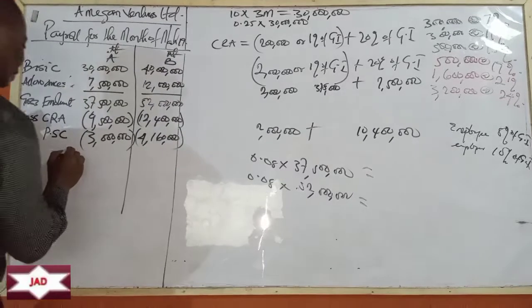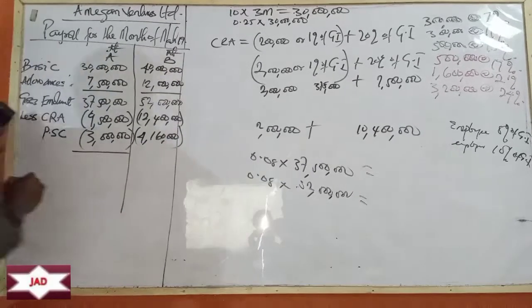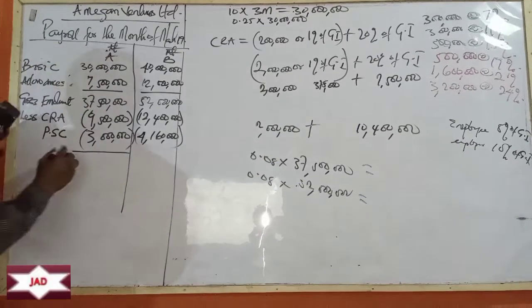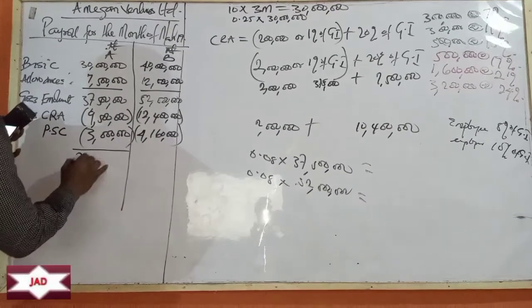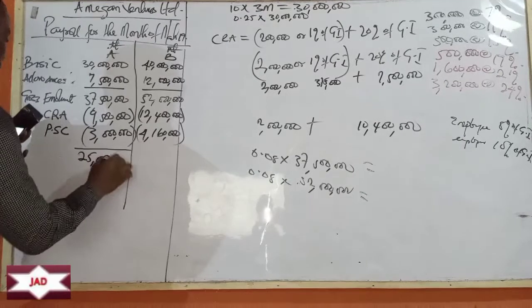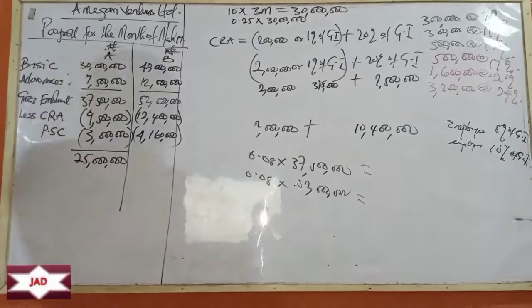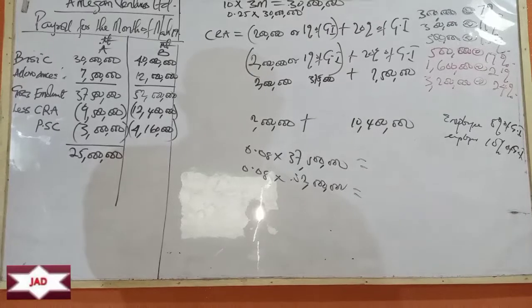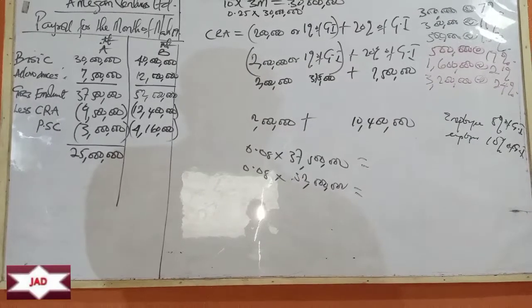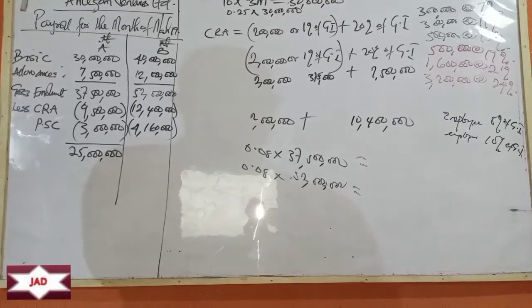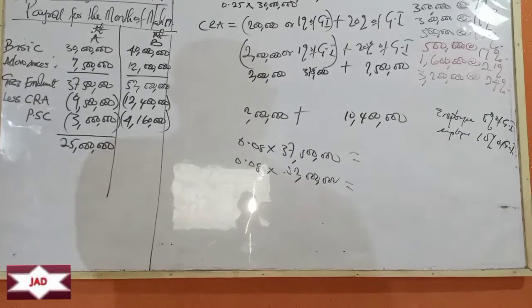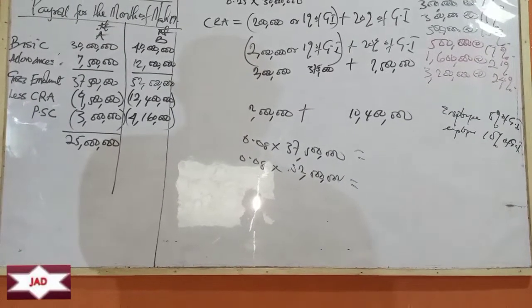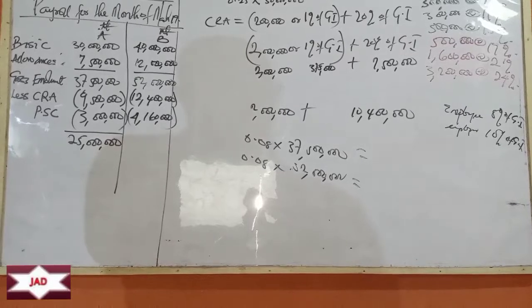What am I seeing here? I am seeing 25 million. Let's try again. 37,500,000 minus 9,500,000 minus 3 million. I'm seeing 25 million.